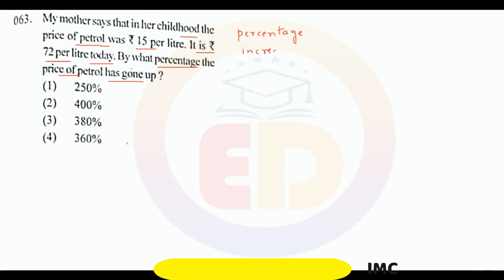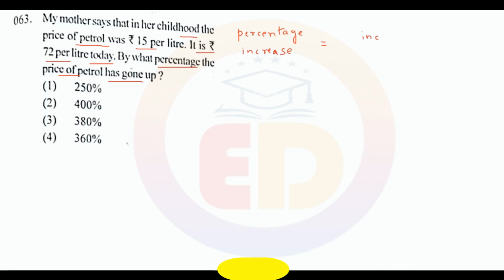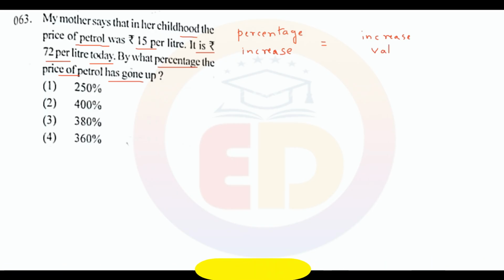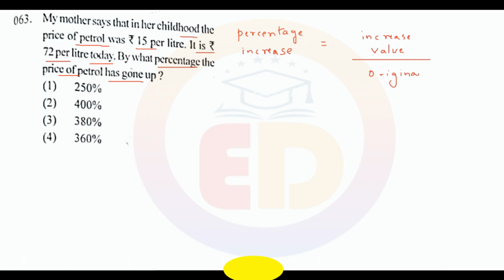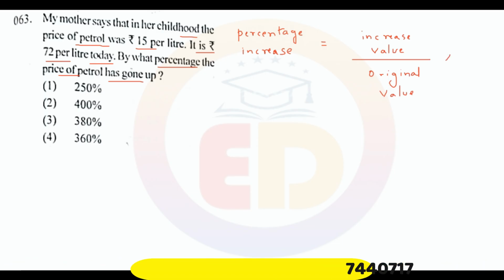The formula for percentage increase is increase value upon original value into 100.